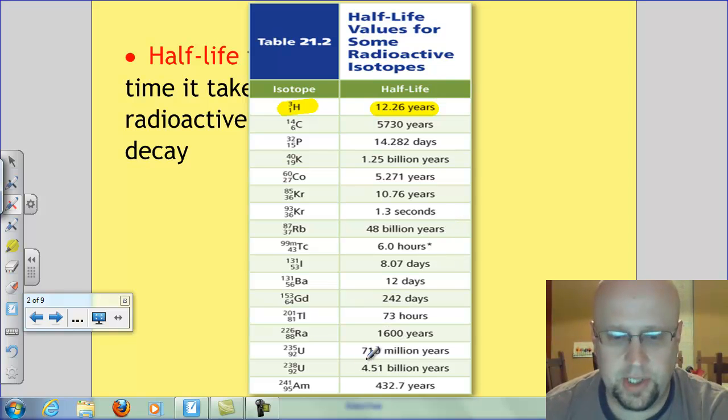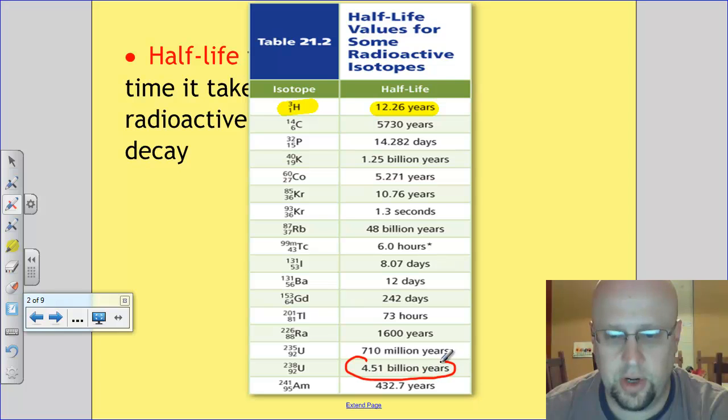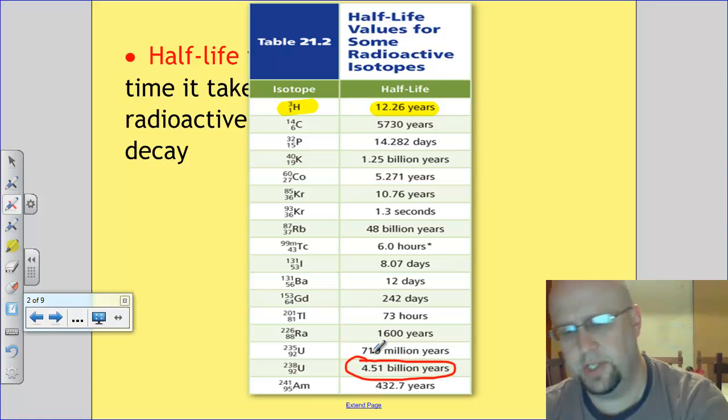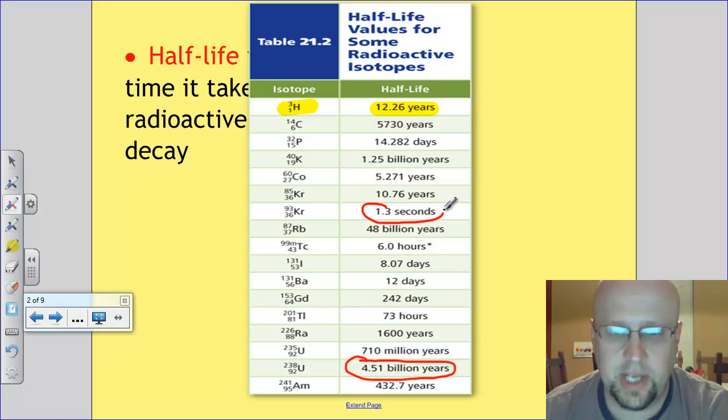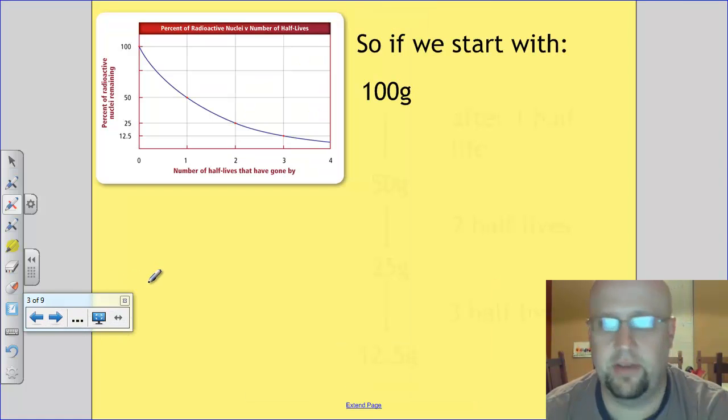A real big one for us down here is U-238, which has a half-life of 4.51 billion years. So some of these have really long half-lives. Some of them have really short ones. If you look up here, Krypton-93 has a half-life of 1.3 seconds, so not terribly long at all. It all depends on what the isotope is. They all have their individual half-lives.